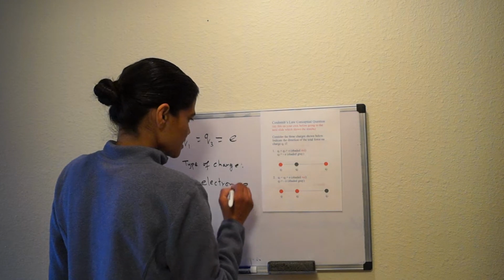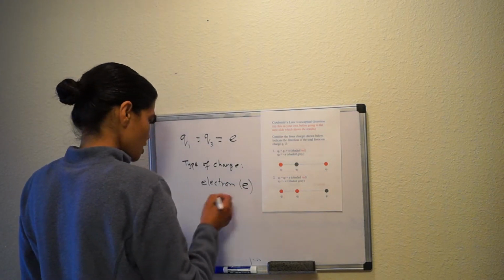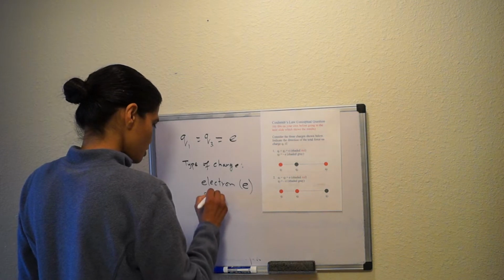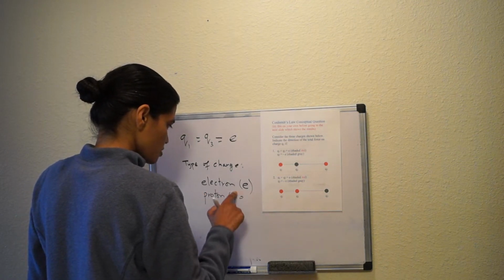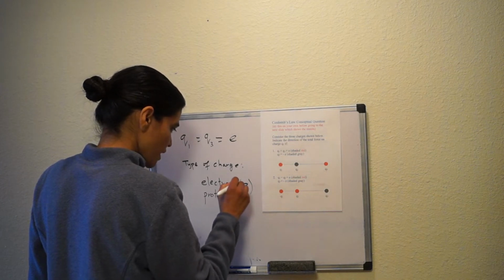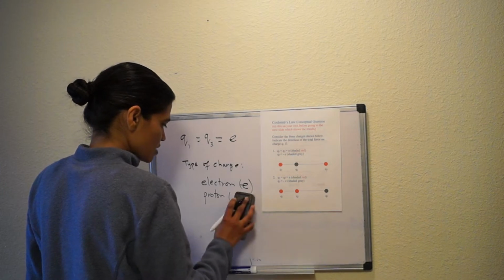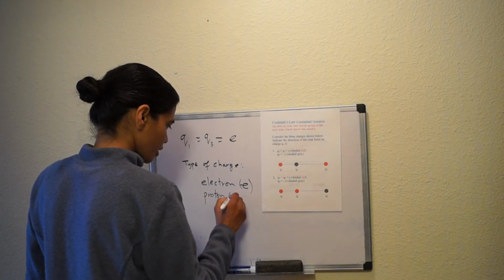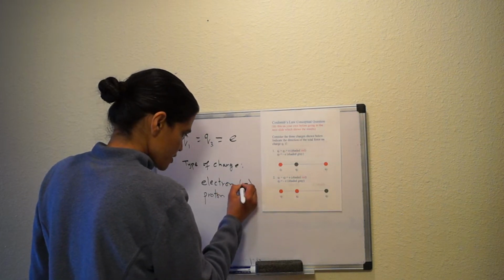We represent it as E charge, elementary charge E. Proton has positive charge. Electron has a negative charge, so minus E. Proton has a positive charge, so we just write E instead of a positive sign. Okay, proton is E. Note this.